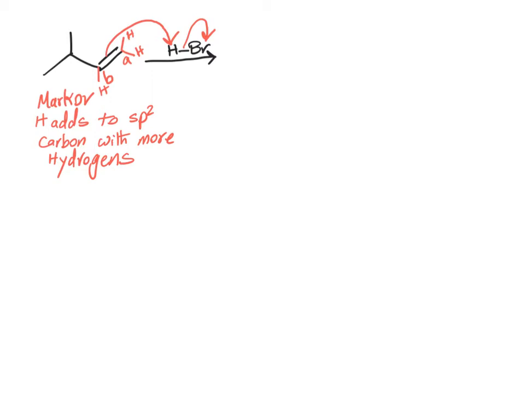So we should add hydrogen to carbon A, and this carbocation will form. This is a secondary carbocation because the carbon with positive charge is bonded to 2 other carbons.